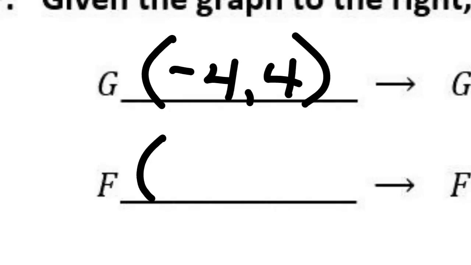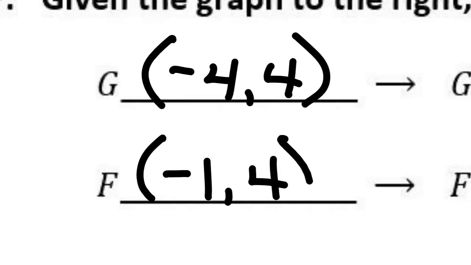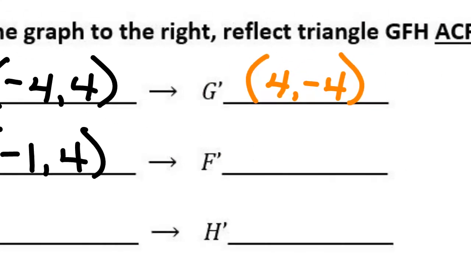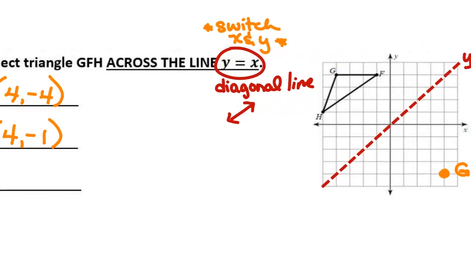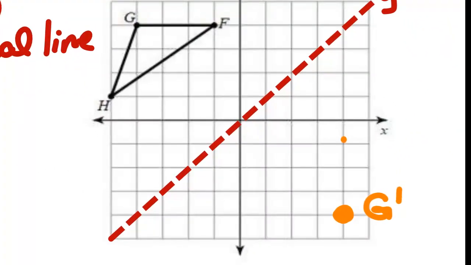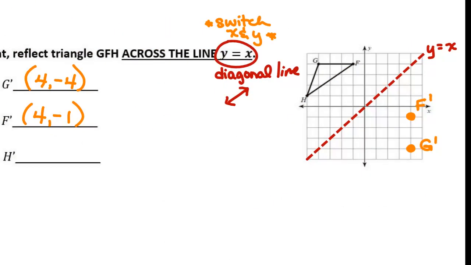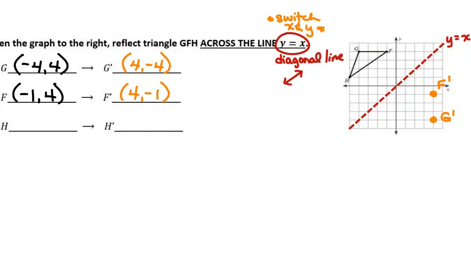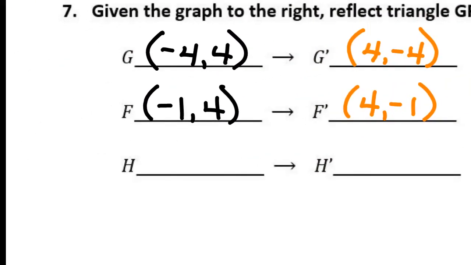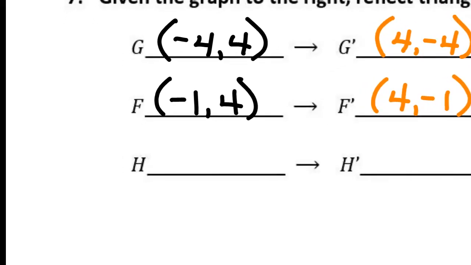Negative 1, 4. So where would F prime be then? 4, negative 1. So we're going to put a point down at (4, negative 1) right here. There's my F prime. Then I need the ordered pair for point H. Where is point H at right now?